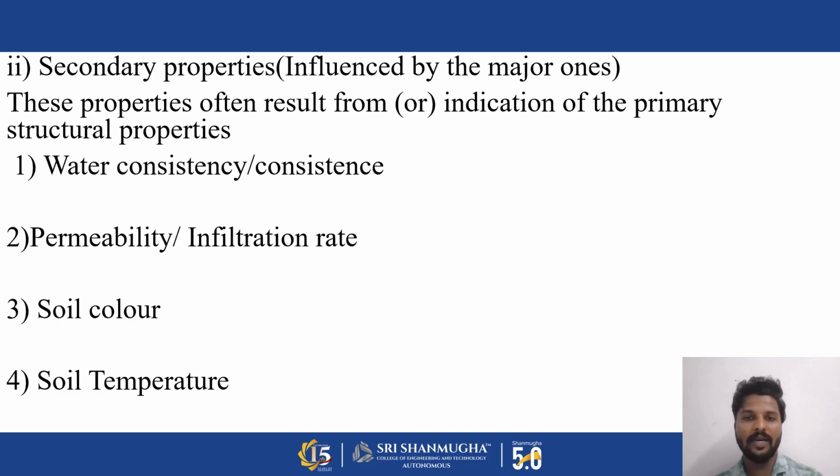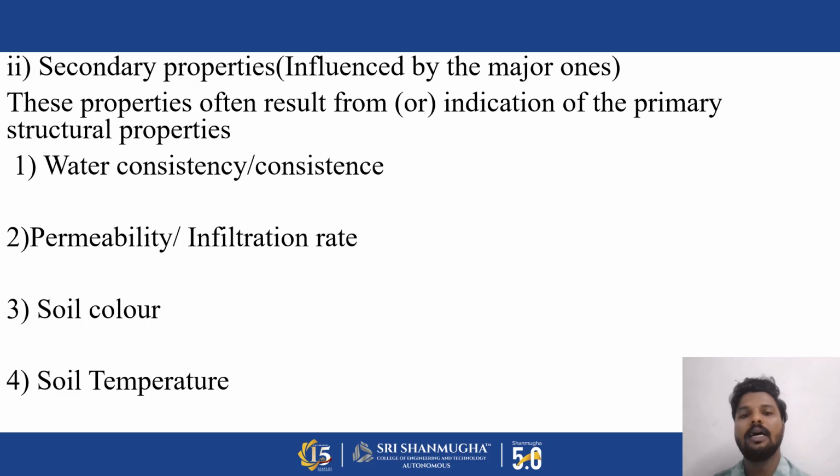So the secondary properties include water consistency, or consistence, whatever we call it, then permeability or infiltration rate, then soil color and soil temperature. These are the secondary physical properties of the soil.